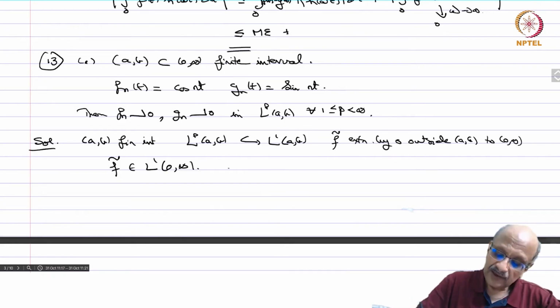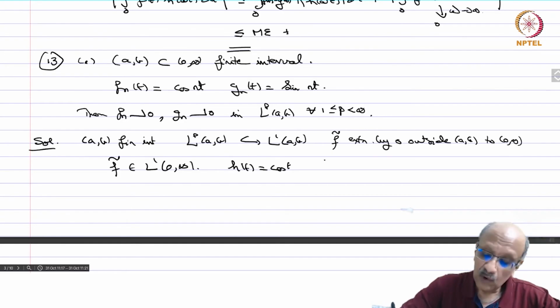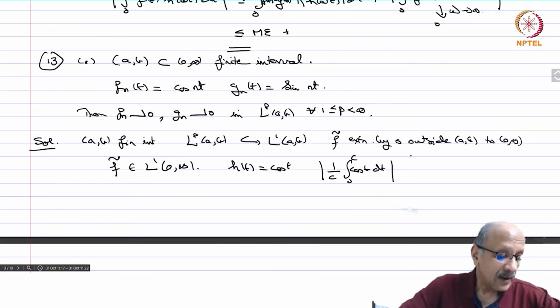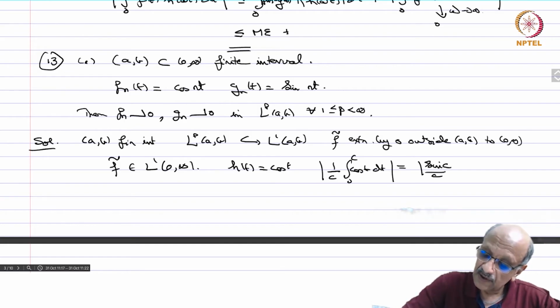So if you take h of t equal to cos t, then what is the modulus of 1 by c times the integral from 0 to c of cos t dt? This is nothing but the modulus of sin c by c, which is less than or equal to 1 by mod c, and that tends to 0 as c tends to infinity.